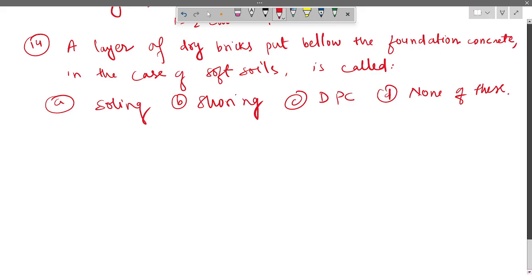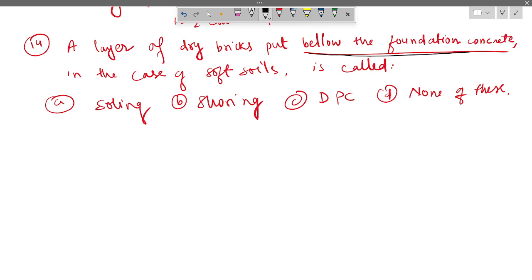A layer of dry brick put below the foundation concrete in the case of soft soil. What is the term? It's not called shoring.